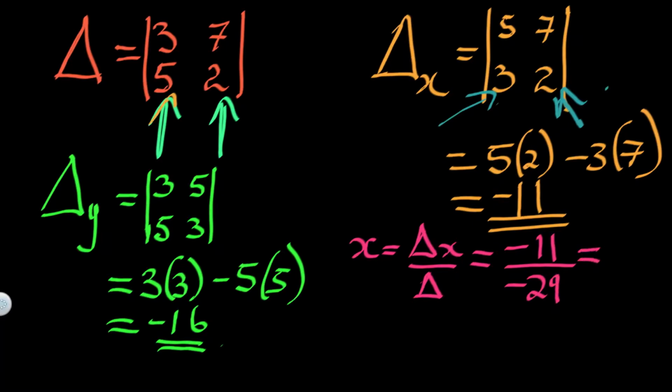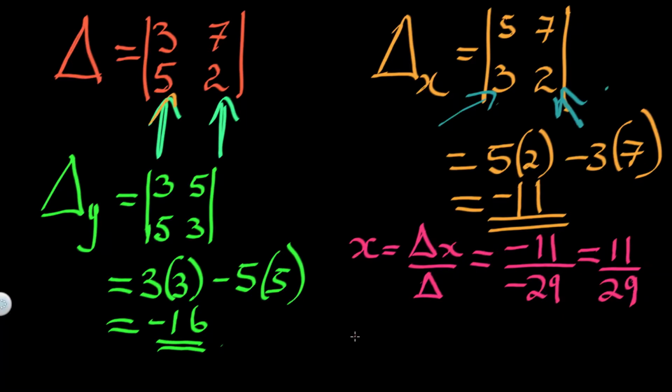The answer is simply 11 over 29. That's our x, 11 over 29. Sometimes they may want us to express our answer as a decimal. You can do that. That's our x.